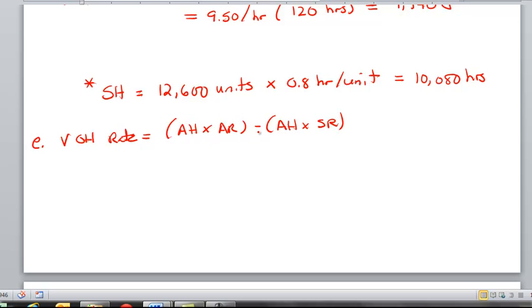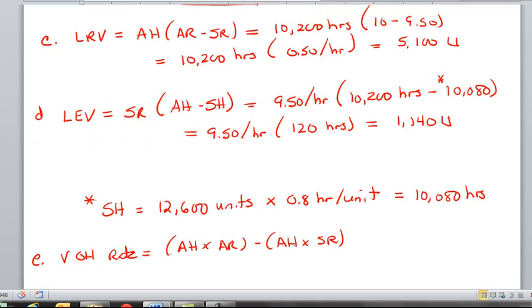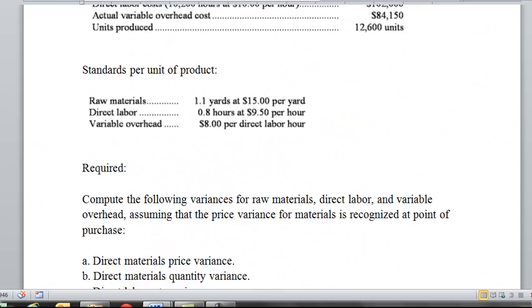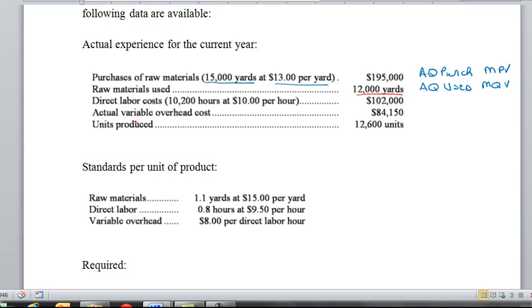Now, a lot of times we use the condensed version, which says actual hours times the difference of the rates. But because of how they gave us the information, they told us our actual cost is $84,150. That's what you get when you multiply actual hours times actual rate. They didn't give us that broken out, so we just have to use the total here.